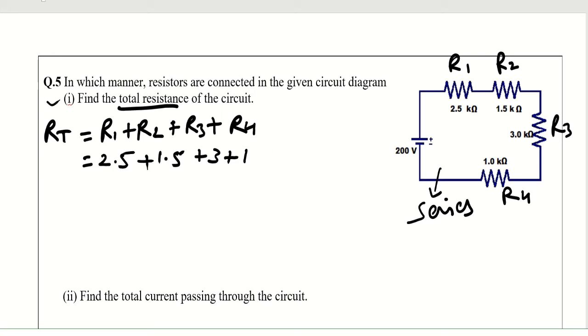Adding gives 4 kilo ohm, 7 kilo ohm and 8 kilo ohm. So the total resistance is 8 kilo ohm, which is 8 multiplied by 10 to the power 3 ohm.